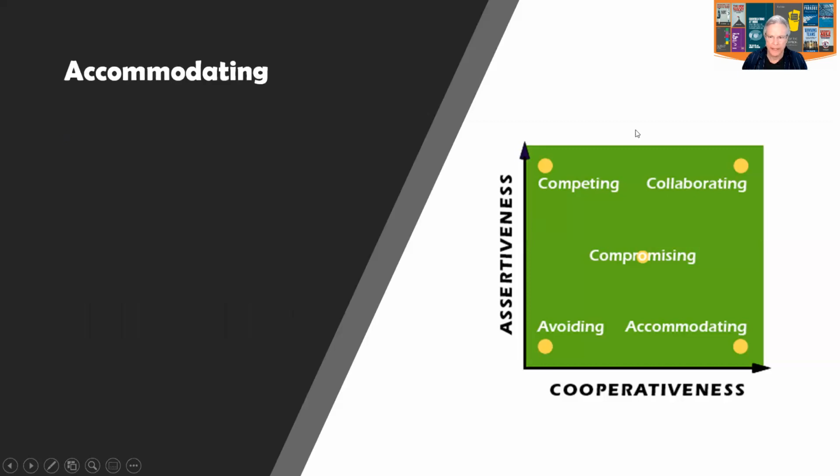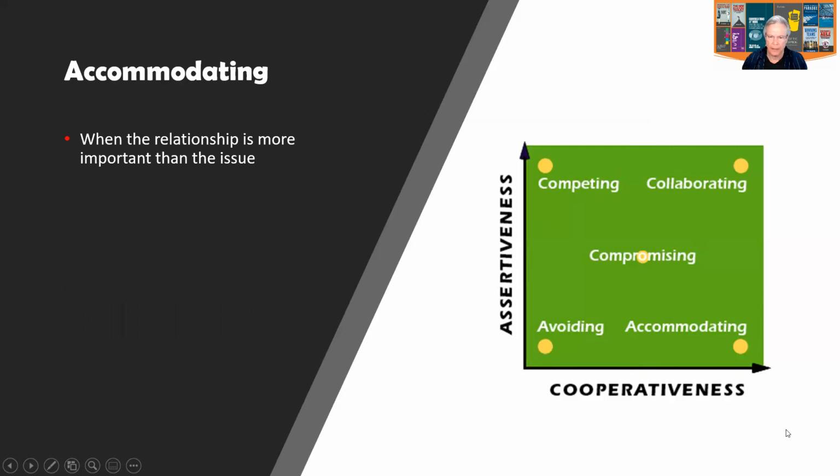Now, accommodating, as you can see over here, is the opposite. Accommodating is where it's high on cooperativeness and low on assertion. Remember, this is where you let the other party get their way. So when would you use that? Well, this is probably the most relevant point: if the relationship is more important than the issue, then it may well be prudent to accommodate.